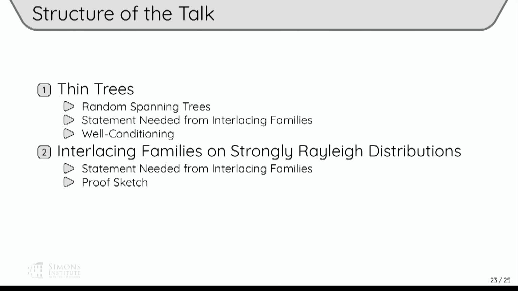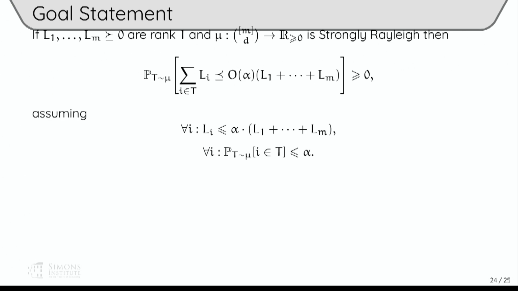So now let's switch gears entirely and work on this statement. This is again the kind of statement that we want to prove, that if you have a bunch of rank 1 PSD matrices and you have a distribution on subsets of them, then the probability that there exists something in the support of your distribution which is thin.